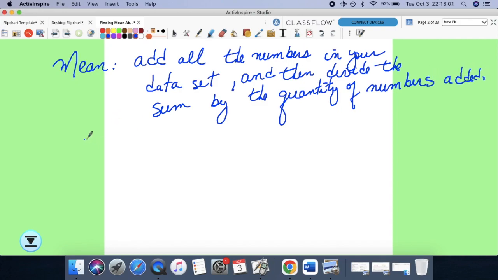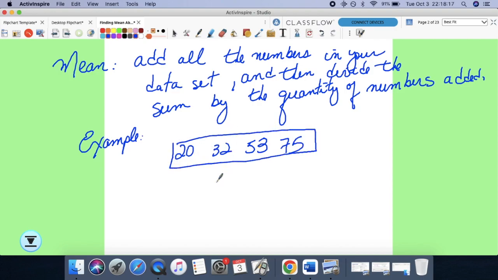For example, okay, let's say you had the numbers 20, 32, 53, I don't know, 75. This is just an example. So the first thing you would do, you would add, right, you give me a total: 20 plus 32 plus 53 plus 75, and you would get 180.